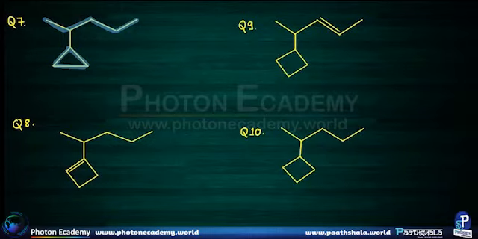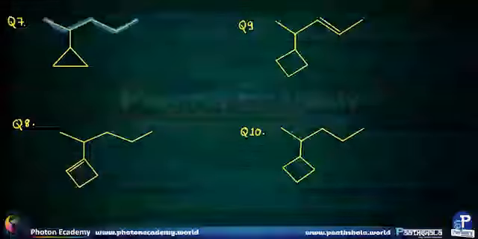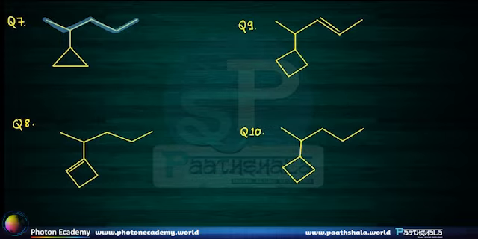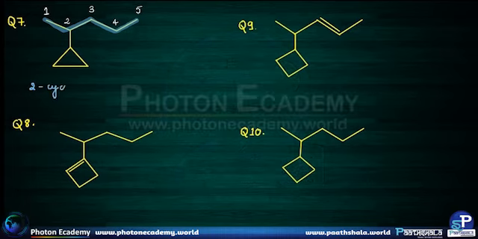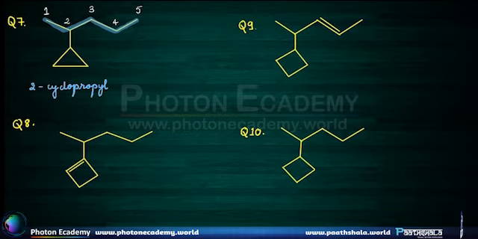So, in this problem, the cyclic ring will act as a substituent. This is our correct main chain, and now let's number it. Numbering will start from the leftmost corner because of the first locant rule: the substituent should get the smallest locant possible. So, the prefix for this question is 2-cyclopropyl.